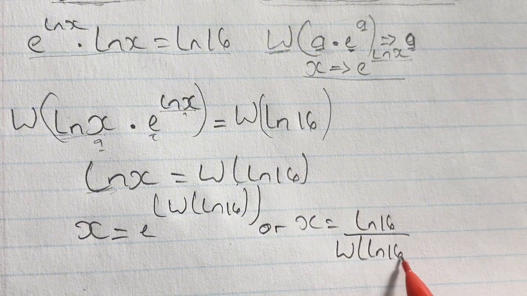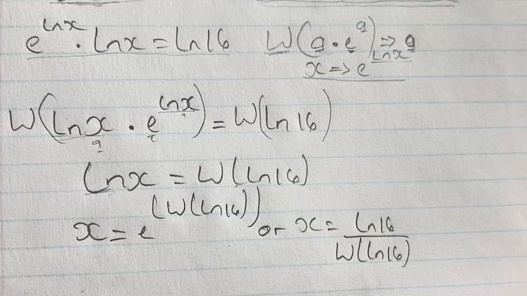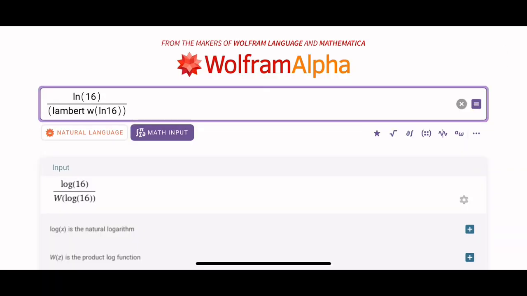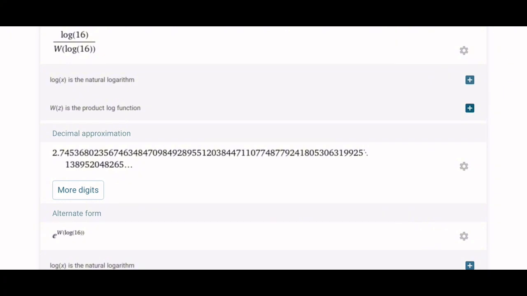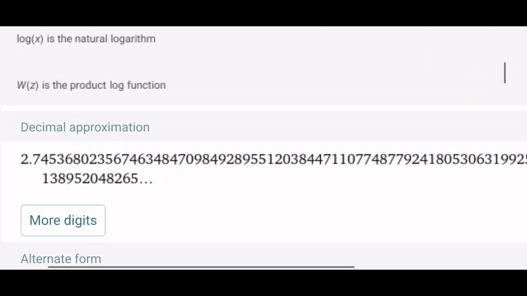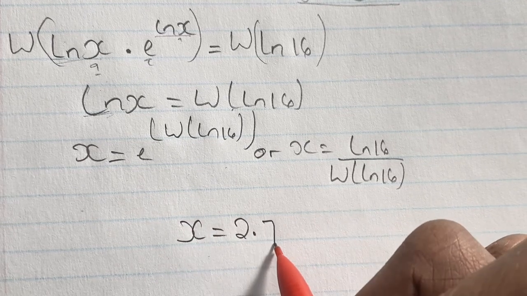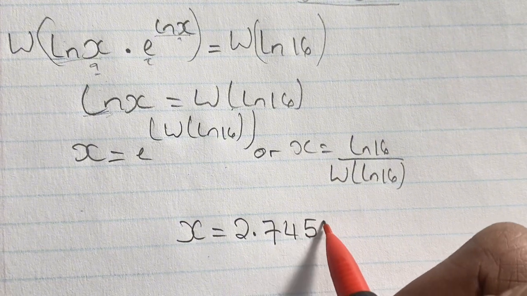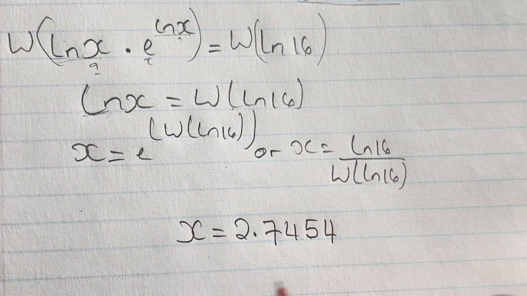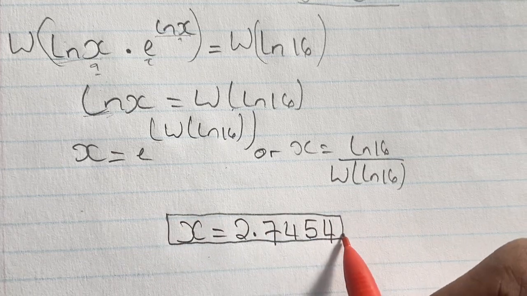And doing this we need to use our scientific tool, so we'll be using Wolfram Alpha, which is our scientific calculator. So ln 16 over W of ln 16 to 4 decimal places is approximately 2.7454. So then our value of x to 4 decimal places is approximately 2.7454. And we can verify our solution for x by putting this value into our original equation.